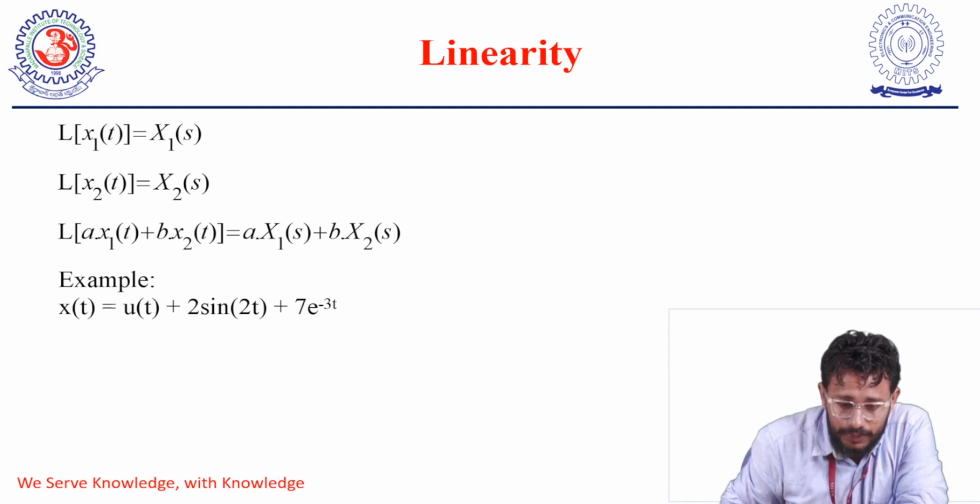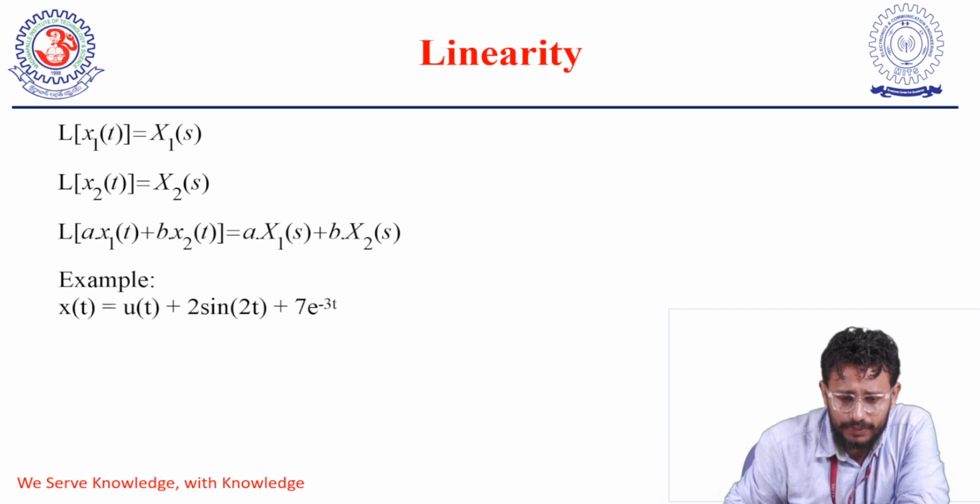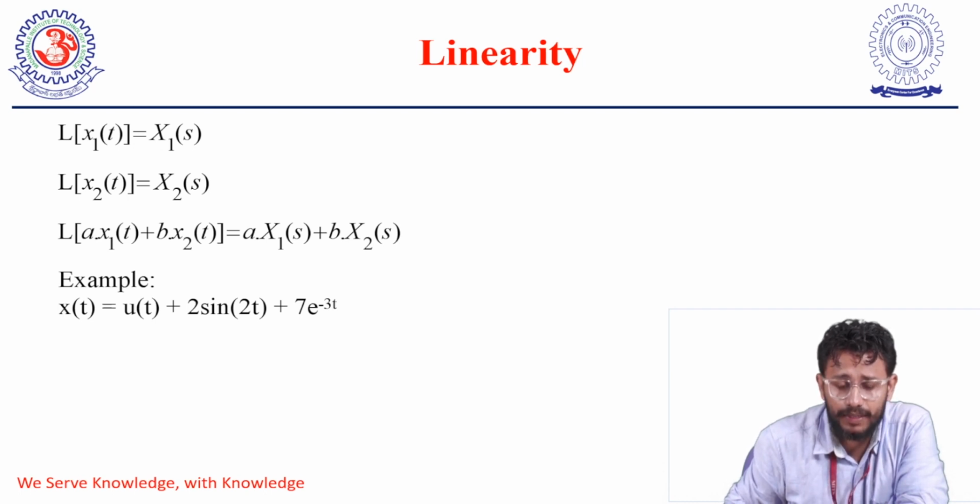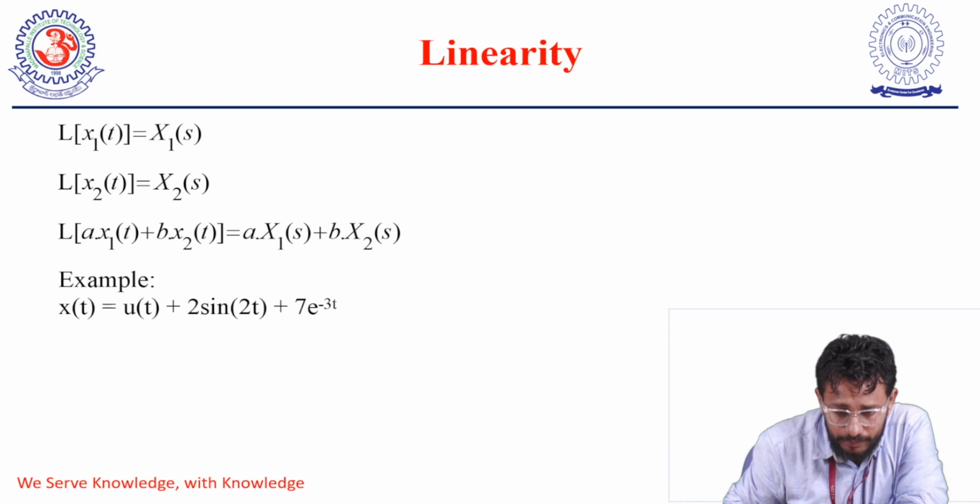Suppose I multiply a constant factor with both the functions in time domain. I'll expect the Laplace transform of these functions to behave in a similar way, following superposition and homogeneity, that you would observe here.